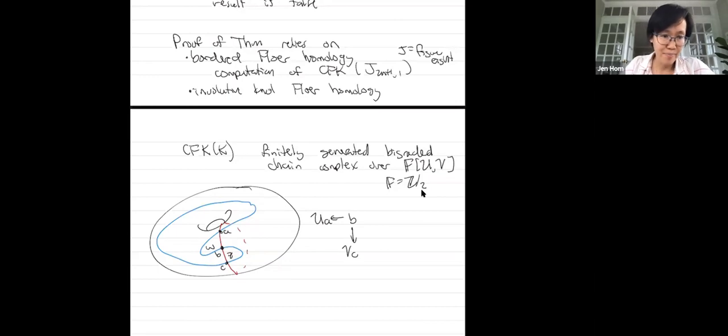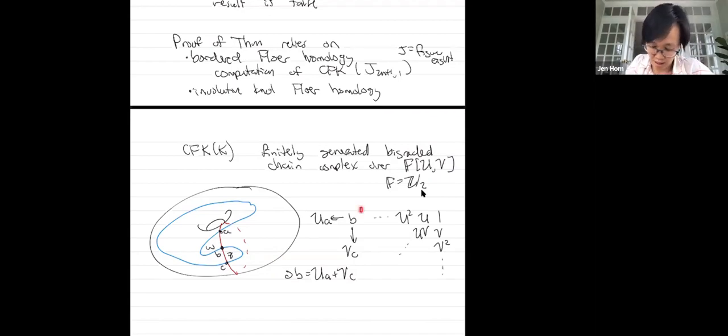Great. And so I'll draw this, and what this is trying to pictorially tell you is that the boundary of B is UA plus VC. And I picture this ring here as 1 sits here, and then U moves you one place to the left, V moves you down, and UV will move you diagonally.